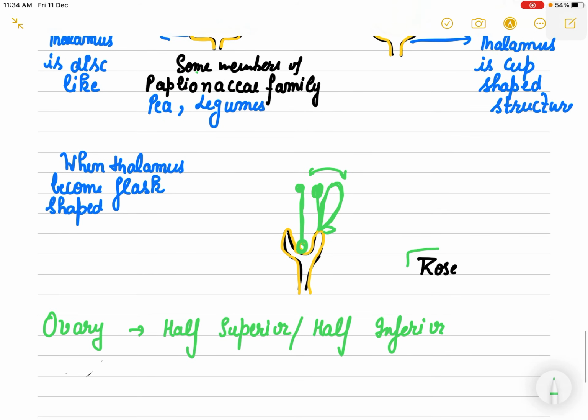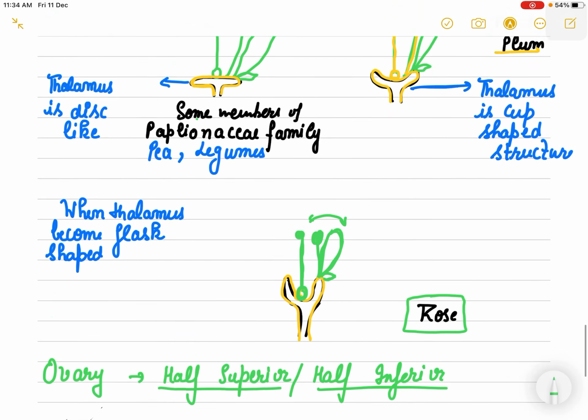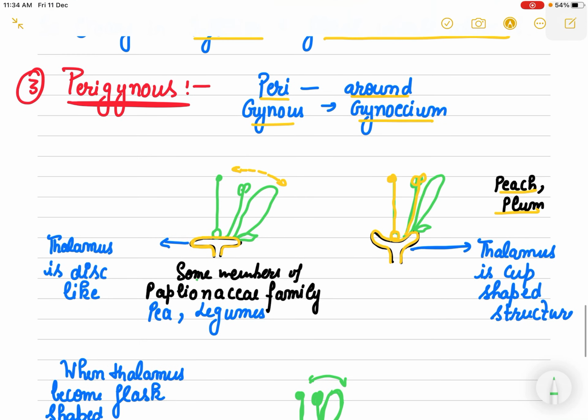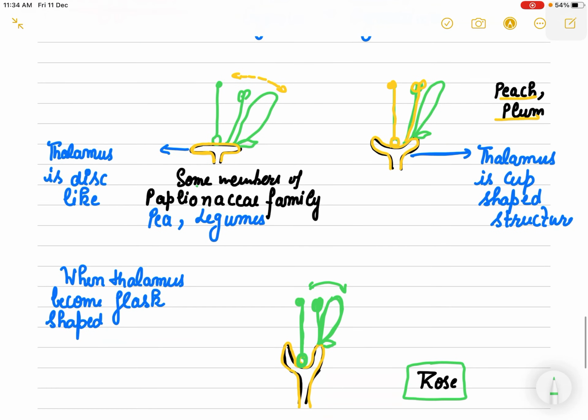The example is rose. So the ovary is half superior and half inferior. This kind of flower is known as perigynous, in which the other whorls are present around the gynoecium, and the thalamus can be of three different shapes: disc like, cup shaped, or flask shaped.